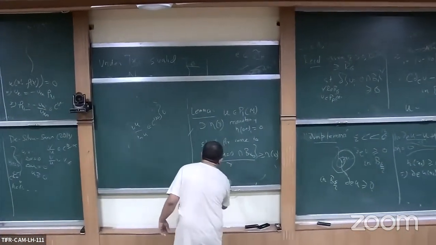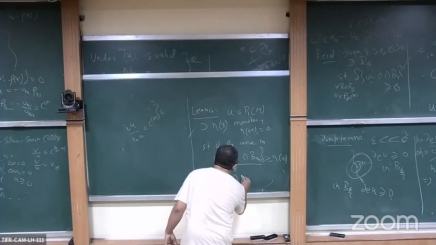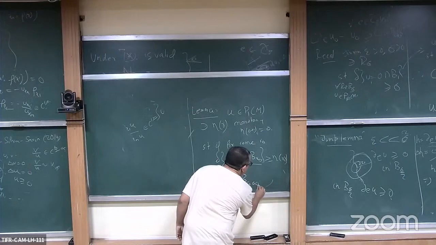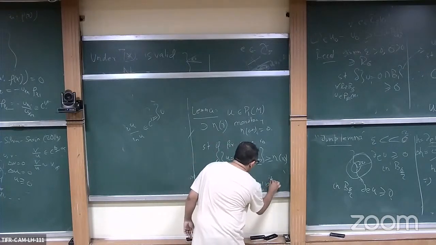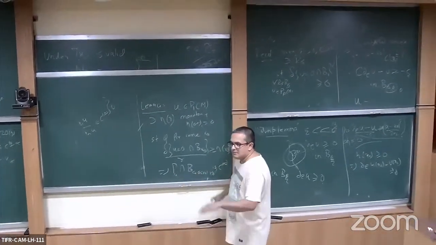This implies that gamma of U intersection B sigma R naught is C infinity. This sigma R naught comes because of that minimal diameter thing.